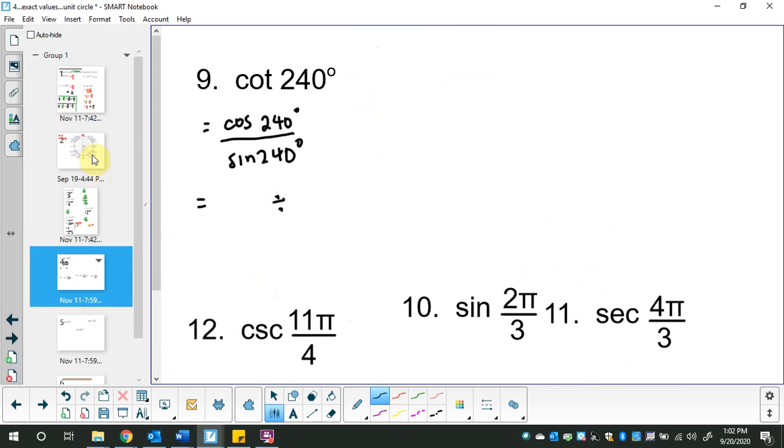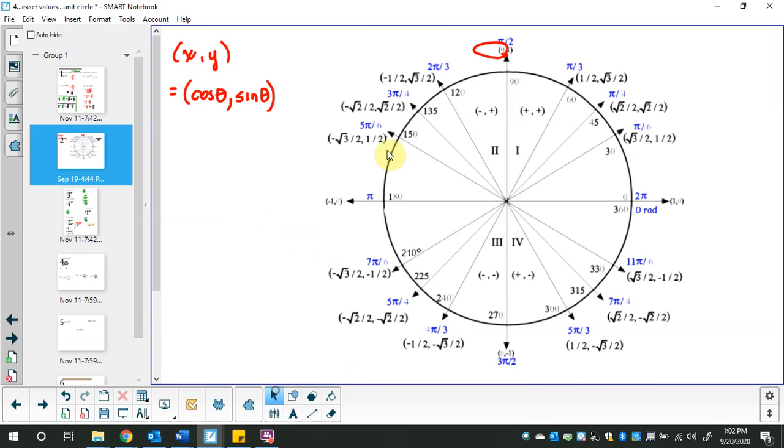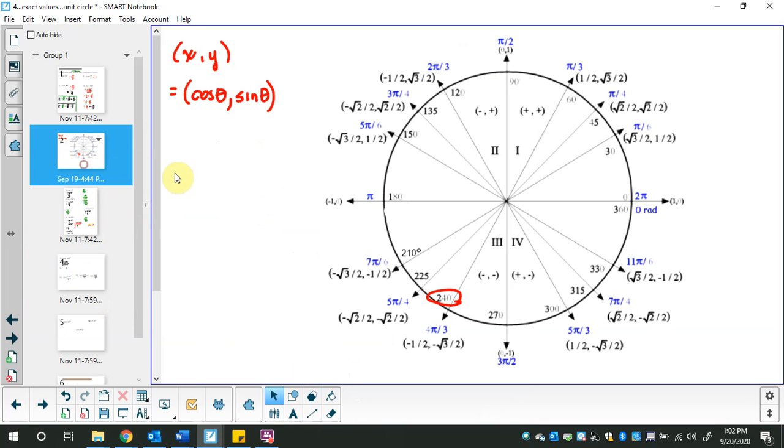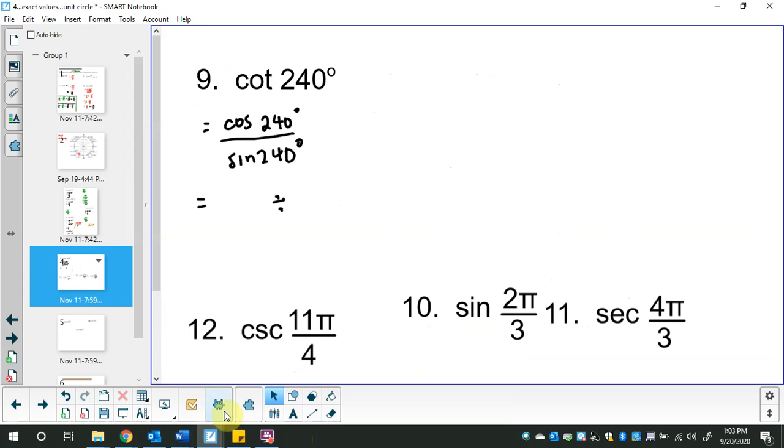So, unit circle, 240 degrees, short memory, cos over sine. So cos is the first one over sine. So negative 1 over 2 divided by negative root 3 over 2. Negative 1 over 2 divided by negative root 3 over 2.